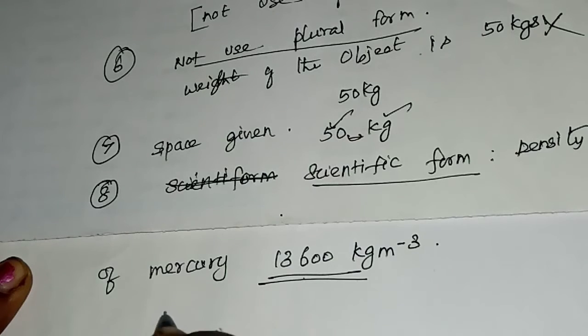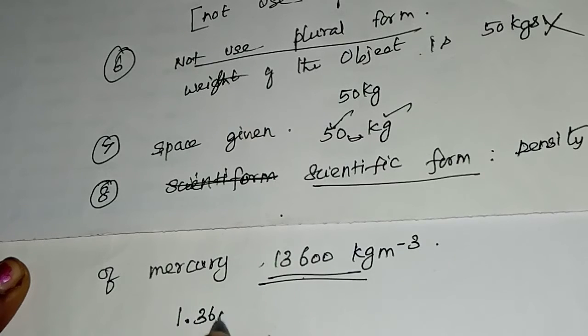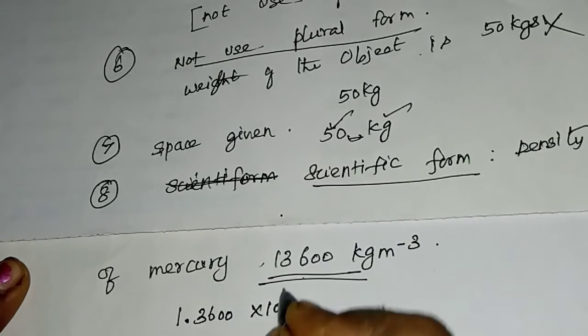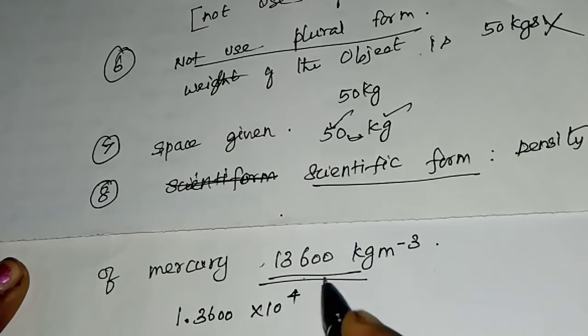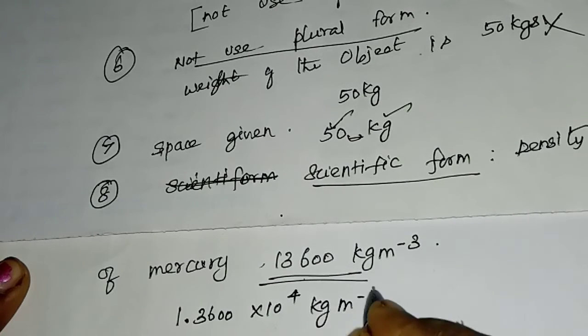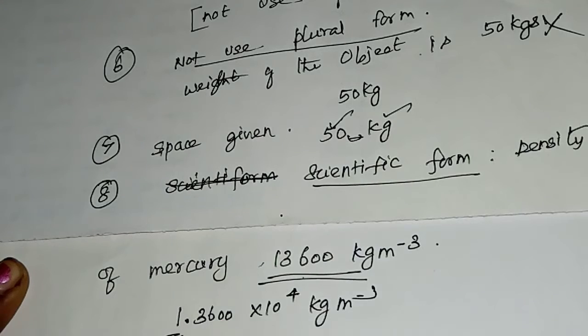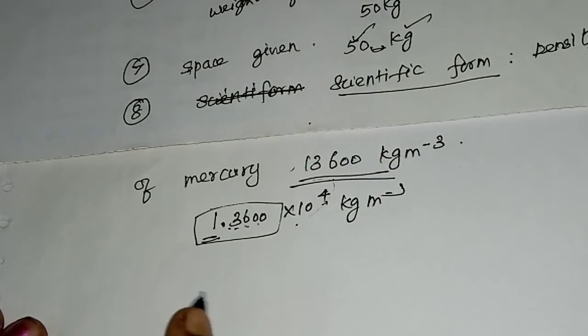Scientific means that after the first digit we put a decimal point, then write the other digits, and the rest is expressed as a power of 10. Any value should be written in this form. This is what we call scientific notation.